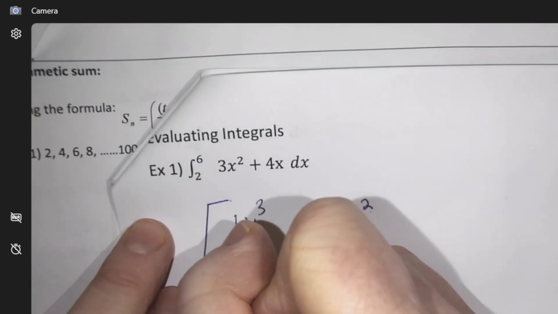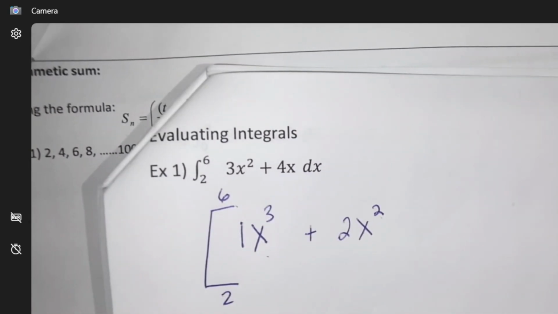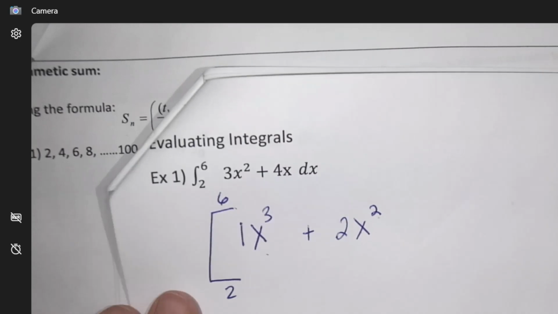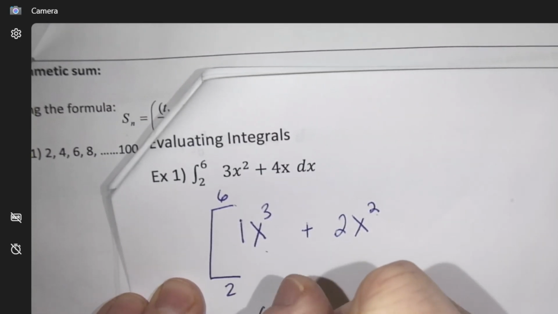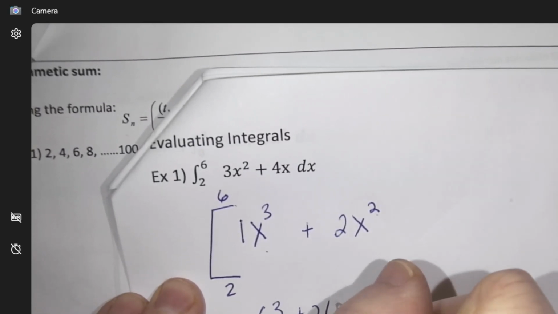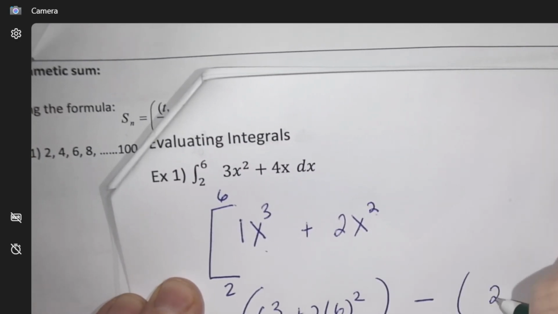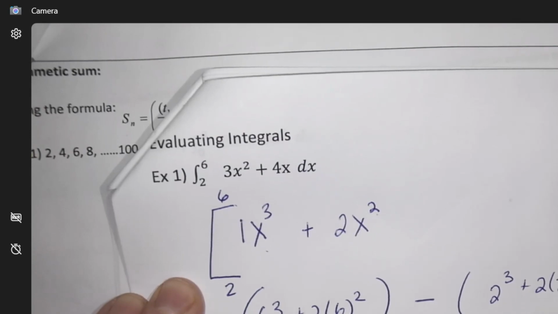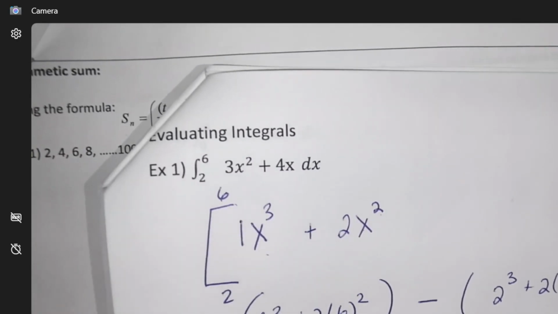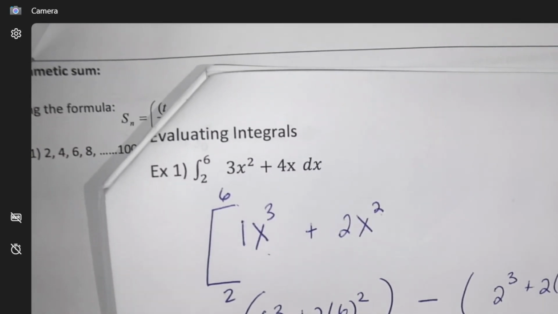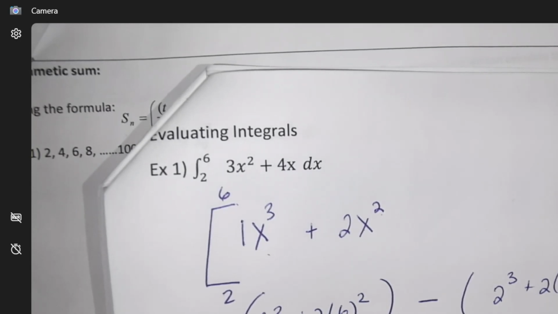Now I'm going to do that from 2 to 6. Plug in a 6 to the whole thing, minus plug in a 2 to the whole thing.